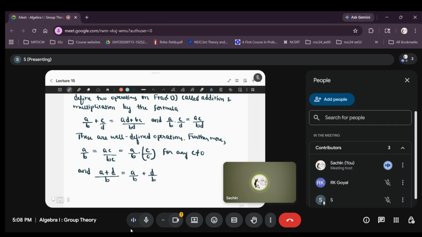If you write half as 2 by 4 instead, even though you mean the same number, f of 2 by 4 will be e power 6. So the same number is giving you different outputs. That shouldn't happen. Well defined means that regardless of what representation you use to denote an element, the output must be the same.